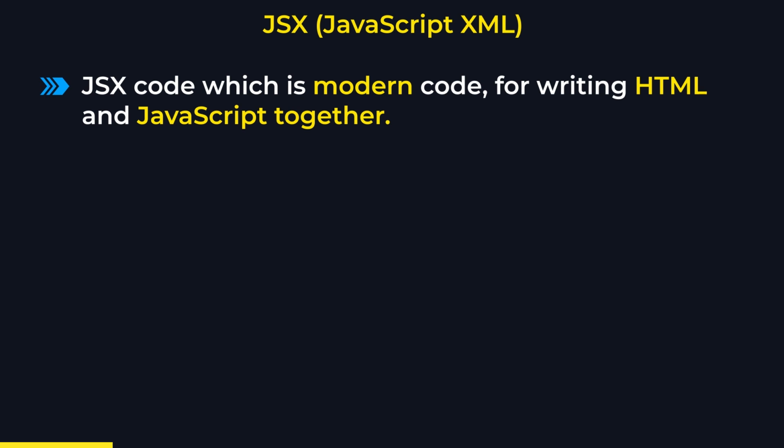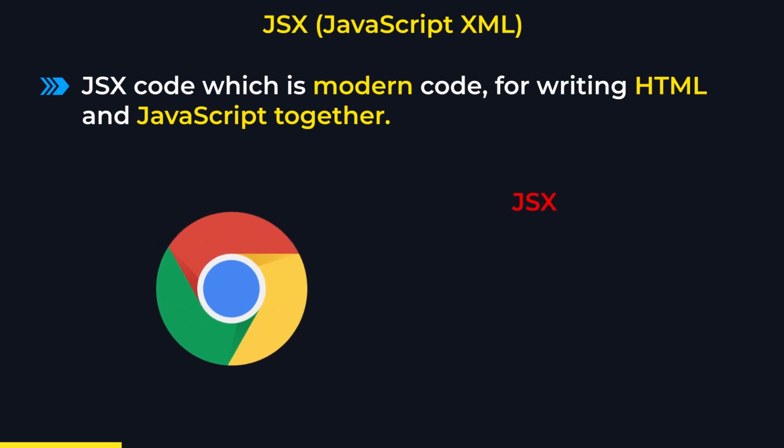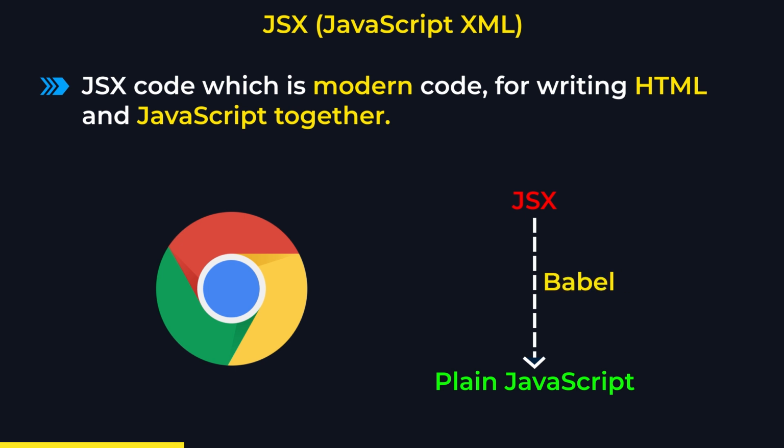As you may know, our browser can't understand JSX code, but it can understand vanilla JavaScript code. So we have to convert our JSX code into vanilla JavaScript code so our browser can understand it. For that, we need a compiler called Babel. It will convert our JSX code into plain JavaScript code which browsers can understand and render.